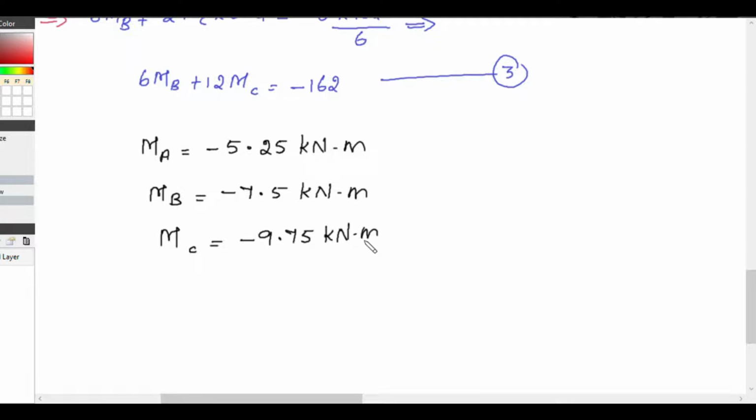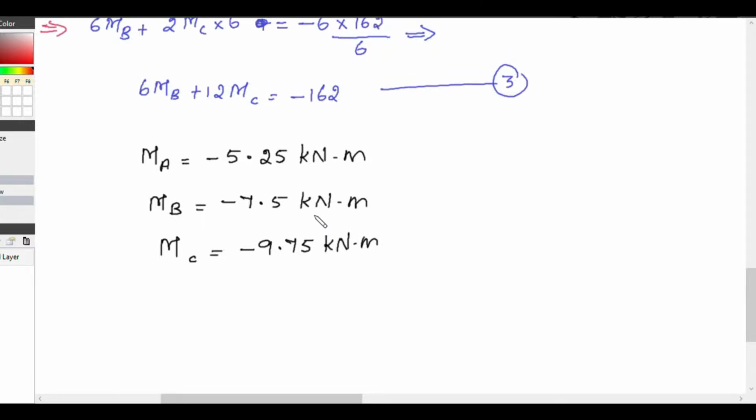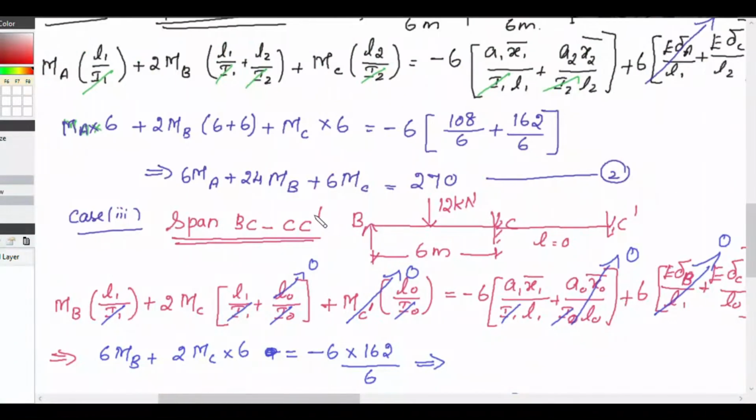That means at every support we have negative bending moments. Now we can draw the bending moment and deflection diagram.